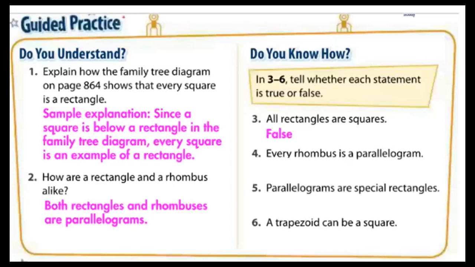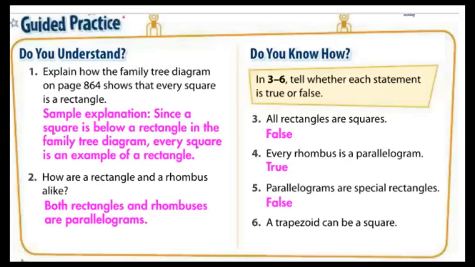Okay, question number 4. Every rhombus is a parallelogram? Sure. From the family tree, the rhombus is a special case of a parallelogram. This is true. Number 5. Parallelograms are special rectangles?